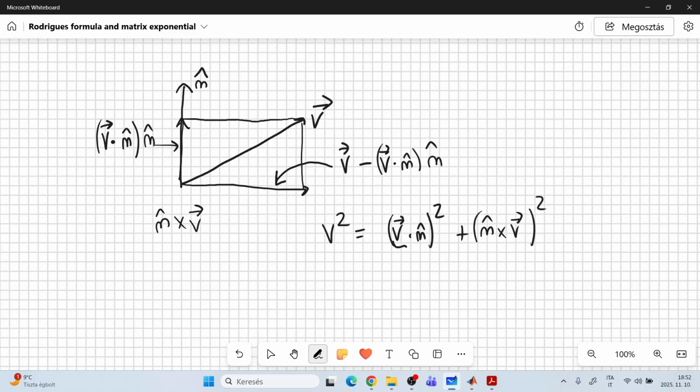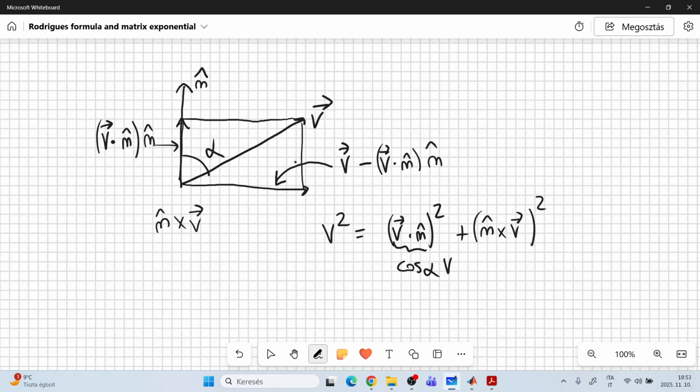Because if you remember, v dot n can also be written as the cosine of alpha times v, if we define the angle alpha to be the angle between the vector n and v, which is different from the angle of rotation that we are going to use later.